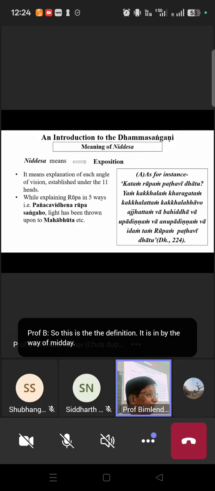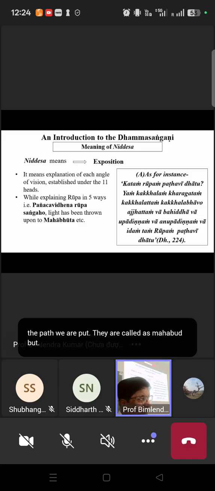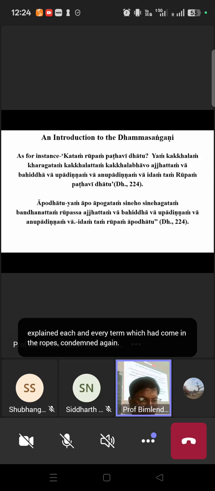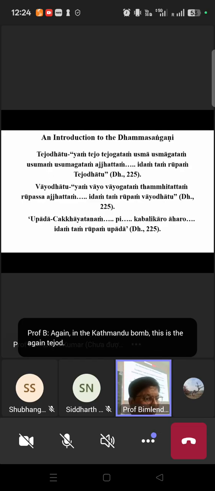So in the Uddesana, there is only enumeration of the types of the rope. That is, this is the Patvi, Apo, Tejo, Vayu. They are called as Mahabhuta. But in the Nirdesana, each and every term which has come in the Rupa Kanda has been explained. Again, in the Katmam Rupam Patvi Dhatu, this is again Tejo Dhatu, Vayo Dhatu, and what are the Upada Rupa?